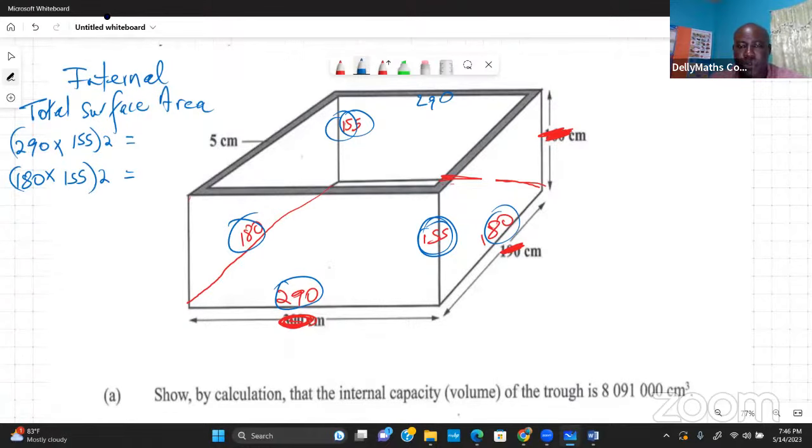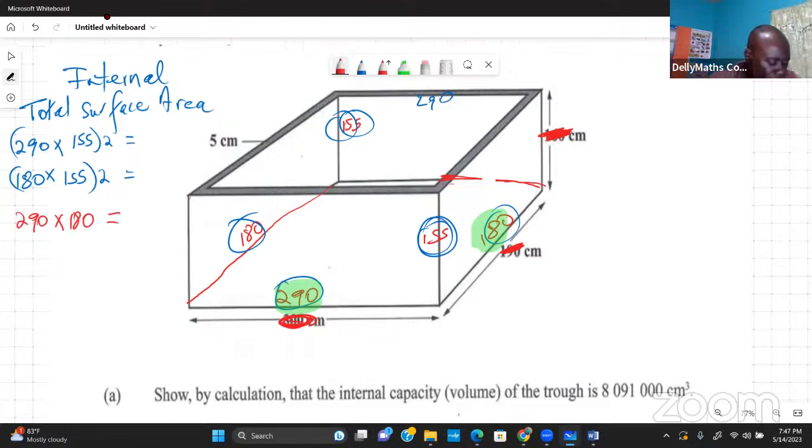Lastly is the bottom. The bottom is a combination of this: 290 times 180, and there is no twin for it because the top is open.